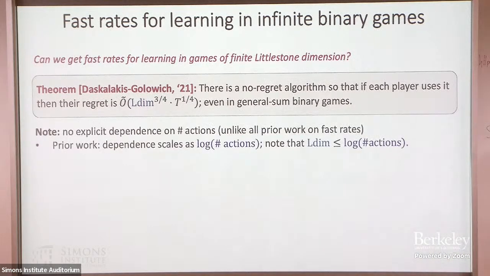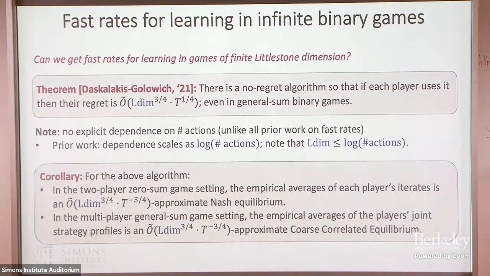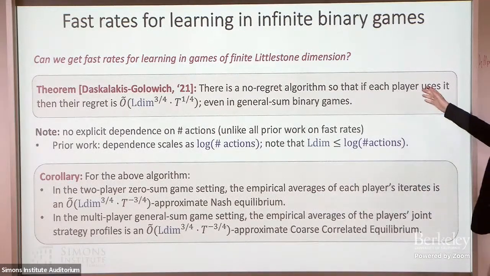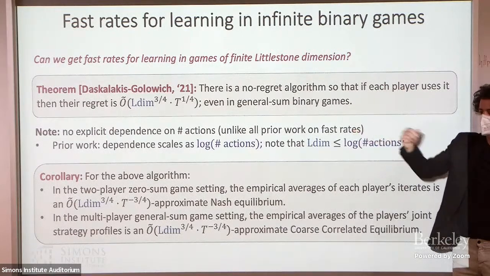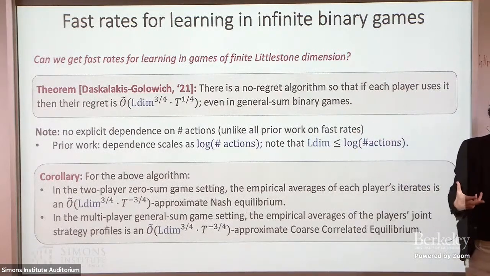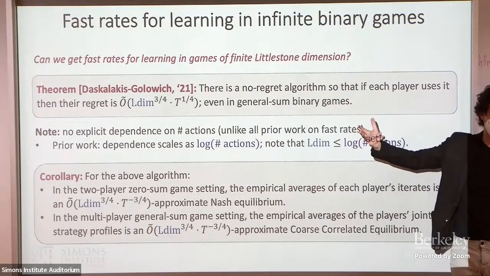So it does not explicitly depend on the number of actions that you have available. You have infinitely many, uncountably many actions. And what the convergence here means: if you're in a zero-sum game, you converge to min-max equilibrium. If you're in a multiplayer game, you converge to a coarse correlated equilibrium of the game.